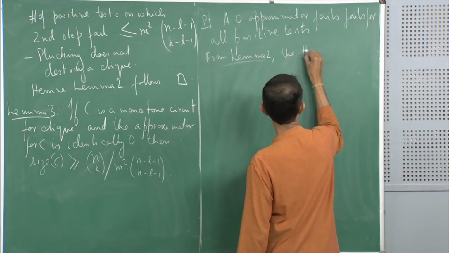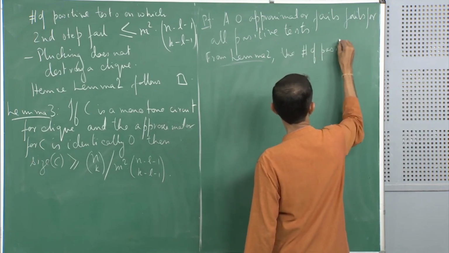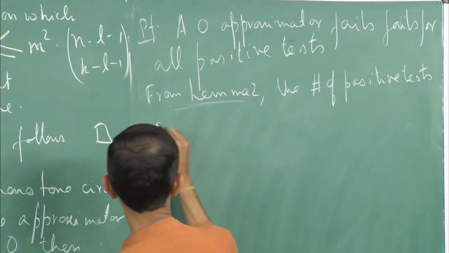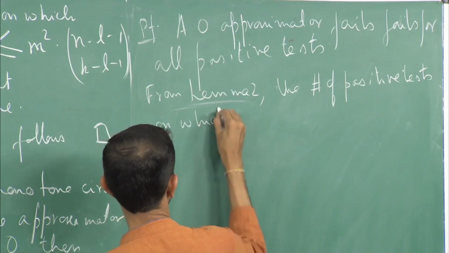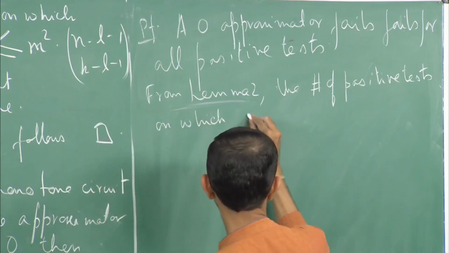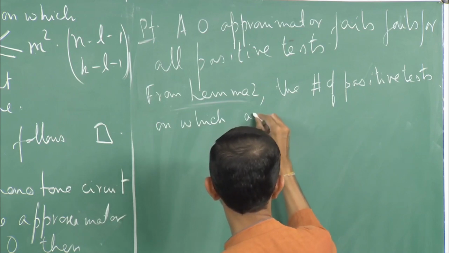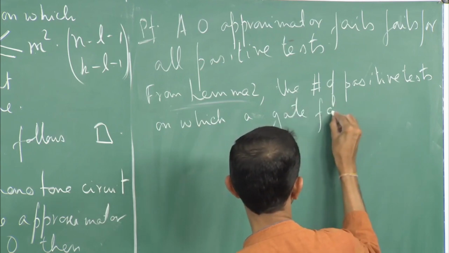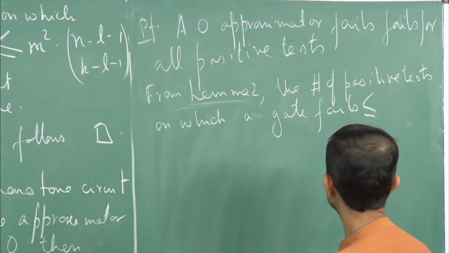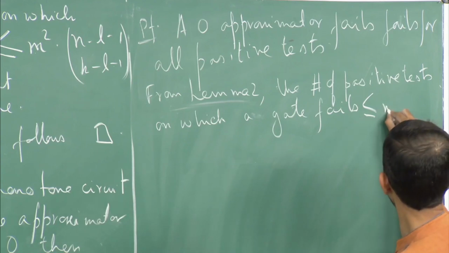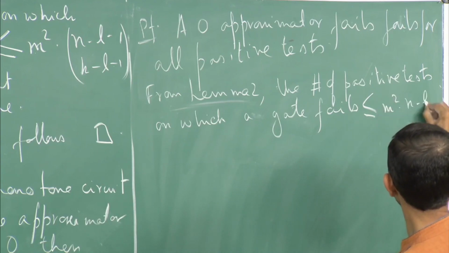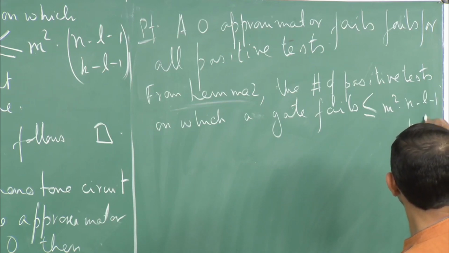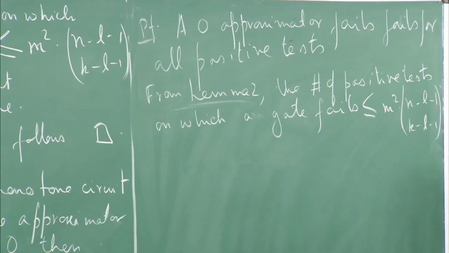the number of positive tests on which a gate fails is at most m square into n minus L minus 1 by k minus L minus 1.